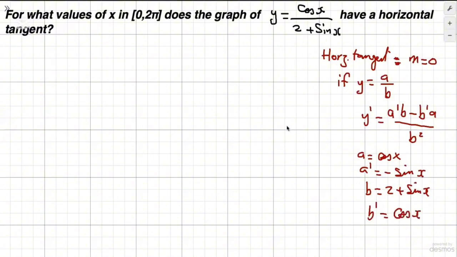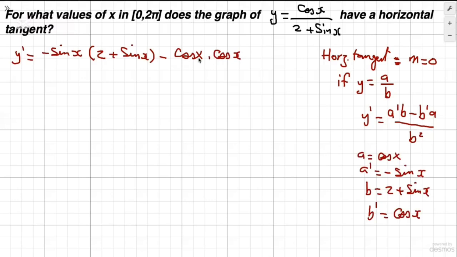Now let's write this out in this format. So here y prime equals a prime, which is negative sine x, times 2 plus sine x, which is b, minus b prime, which is cos x, so that would be minus cos x, times a, which is cos x as well.